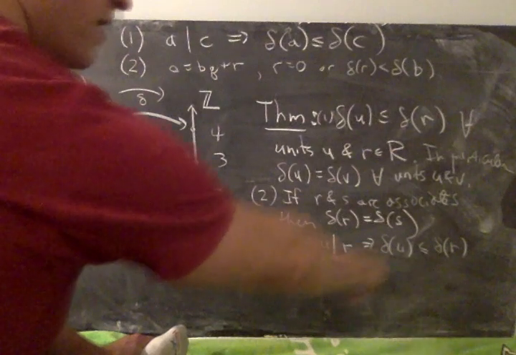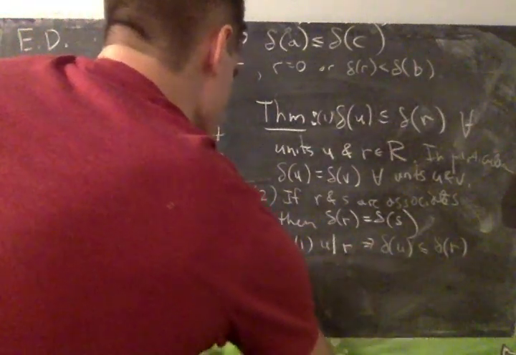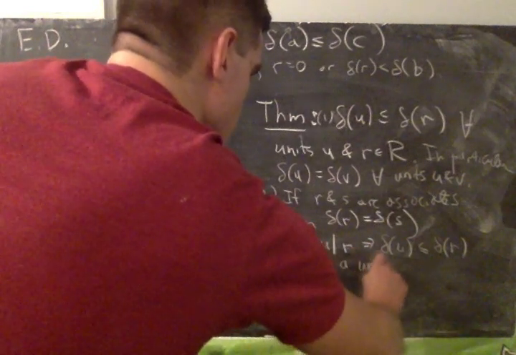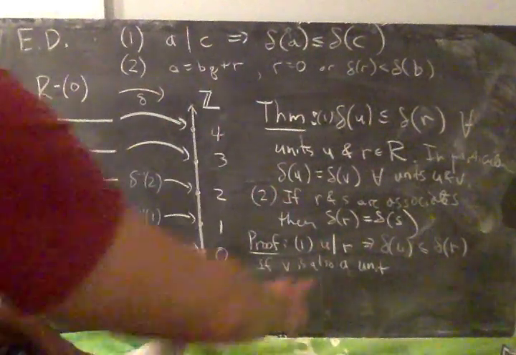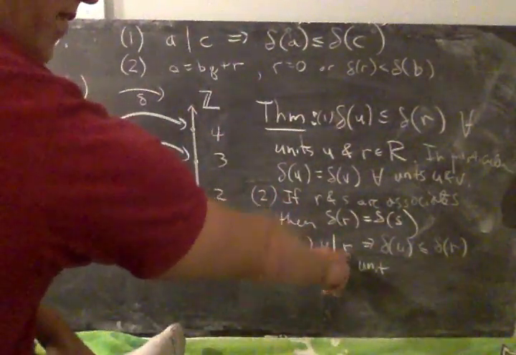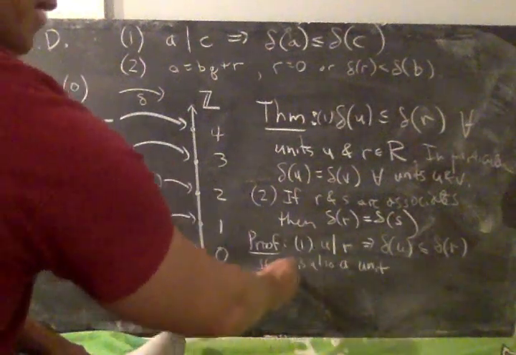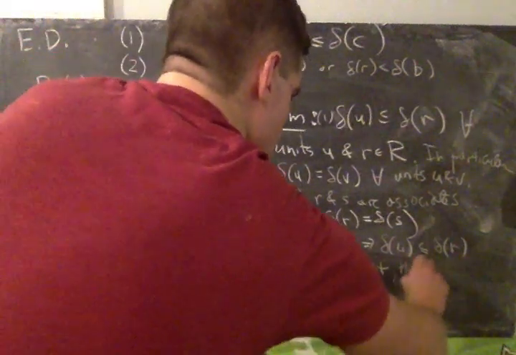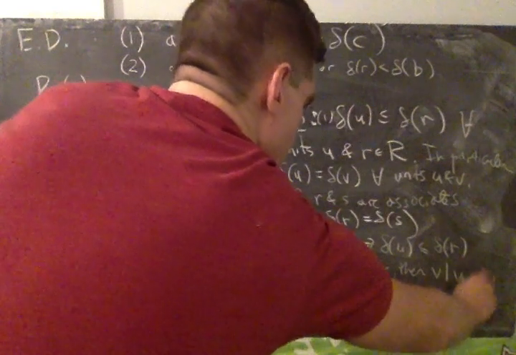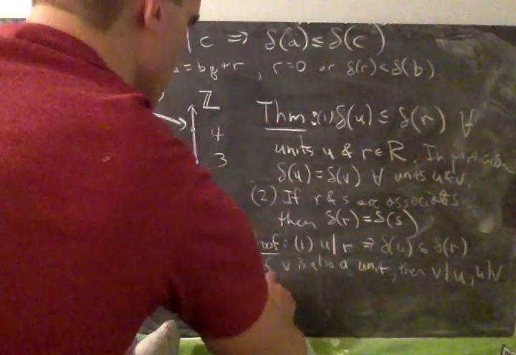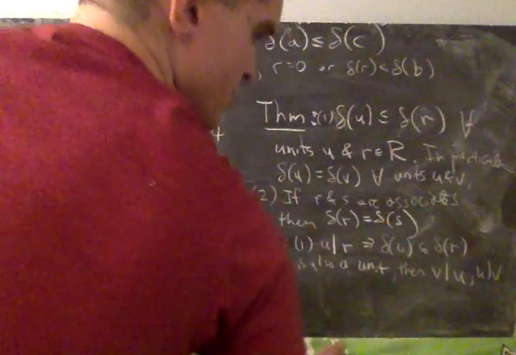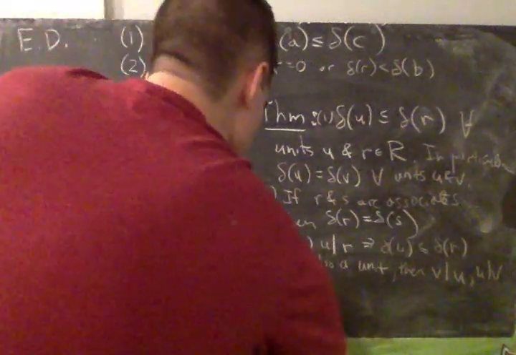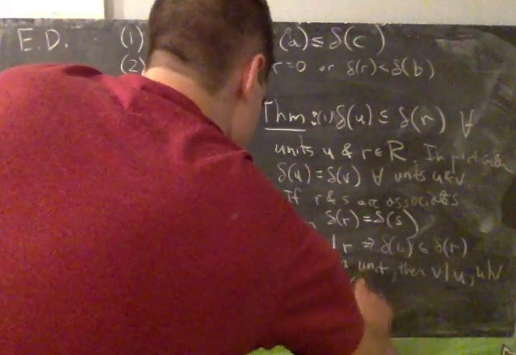Then U divides V, but also V divides U, because V is also a unit, and we can use U as our R. So delta of V is less than or equal to delta of U, and also delta of U is less than or equal to delta of V. Those two values have to be the same, so delta of U is equal to delta of V.